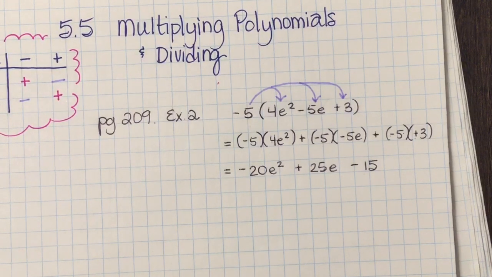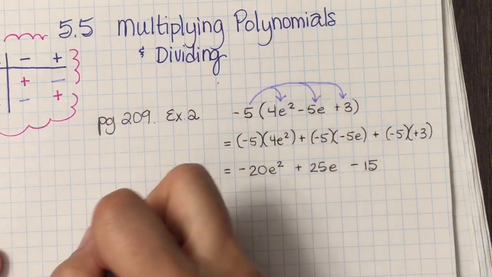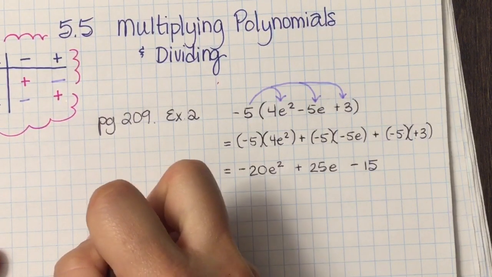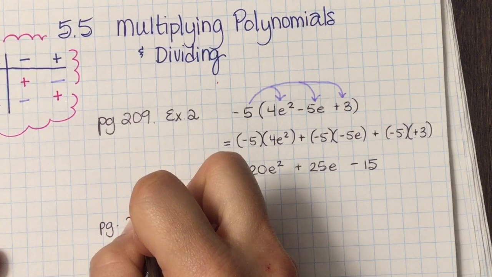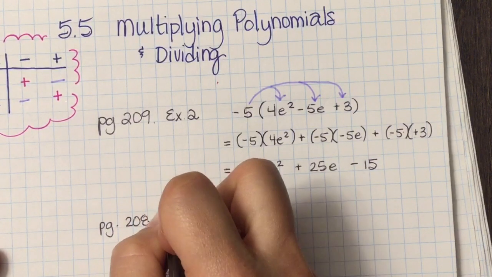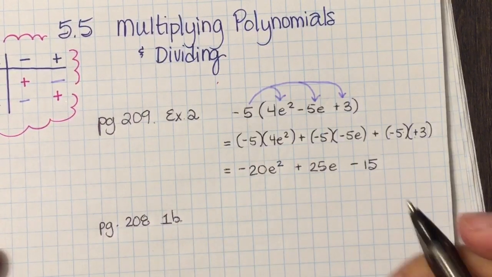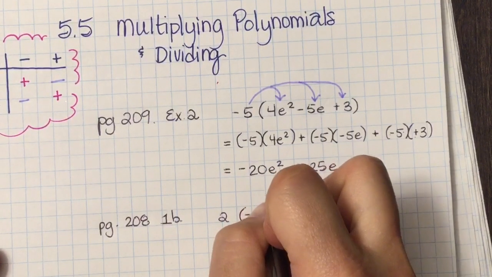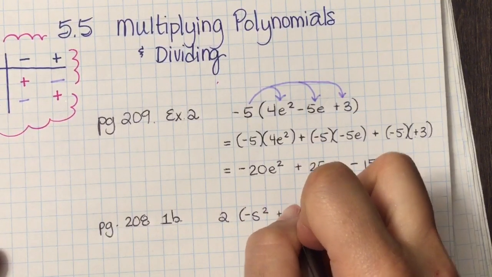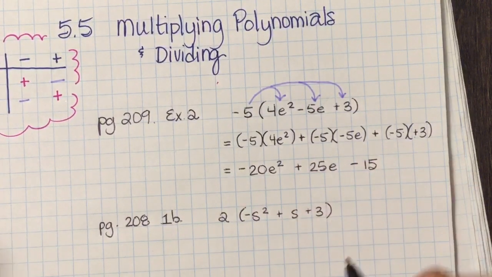Okay, let me see here. If we want to do this with algebra tiles, I'm going to use an example from page 208. Let's see, number 1b. Okay, so it says 2 times minus s squared plus s plus 3.